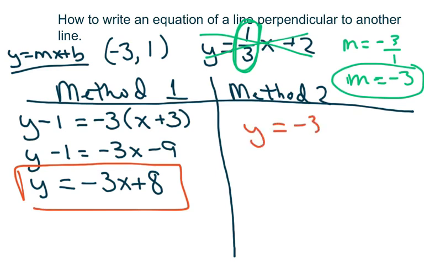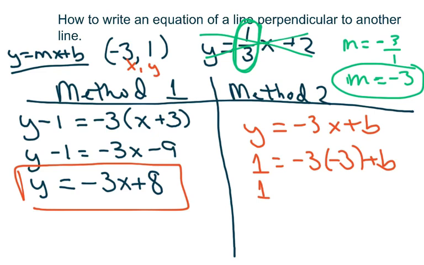And for method 2, we start with slope-intercept. y equals -3x plus b. We plug in our x and y values, so we're going to get 1 equals -3 times -3 plus b, which means 1 equals 9 plus b. Sorry, two negatives make a positive. Subtract 9 from both sides, and you get -8. So -8 equals b. When I added 1 to both sides over there, I was trying to do so much in my head.